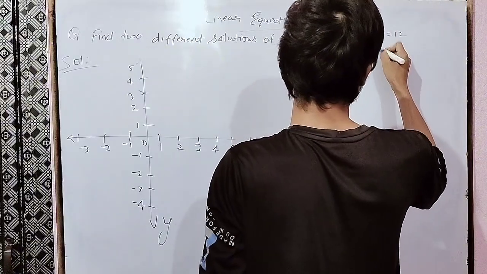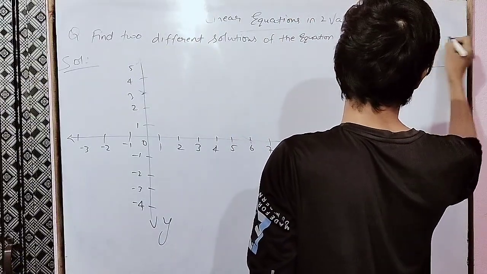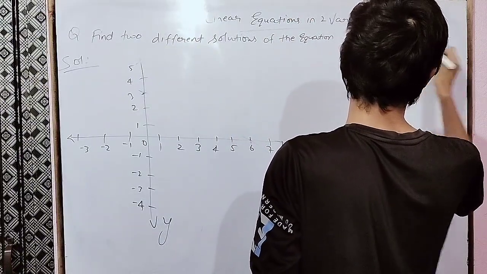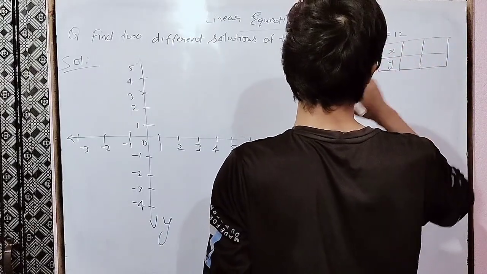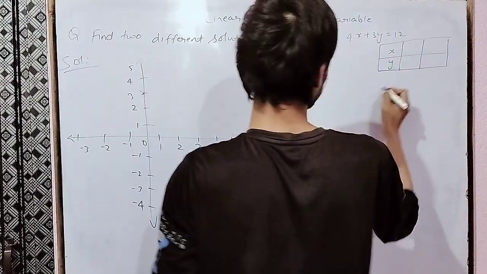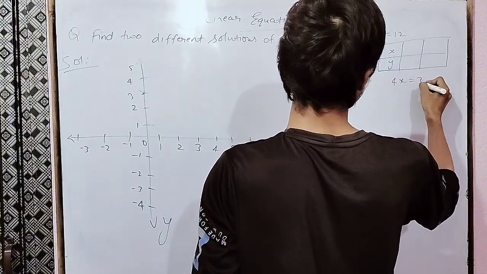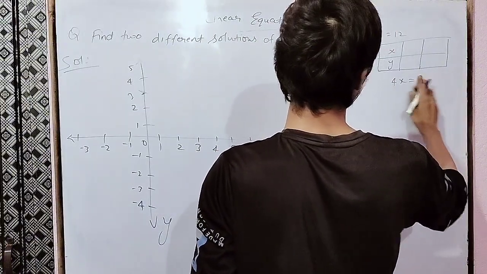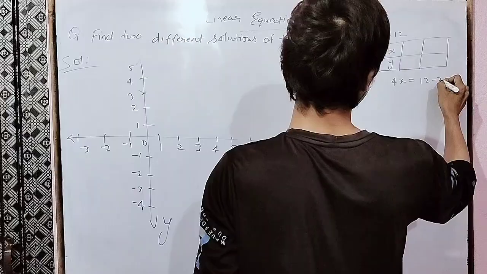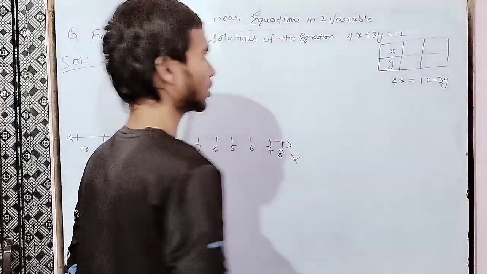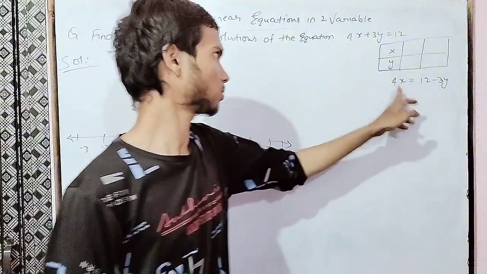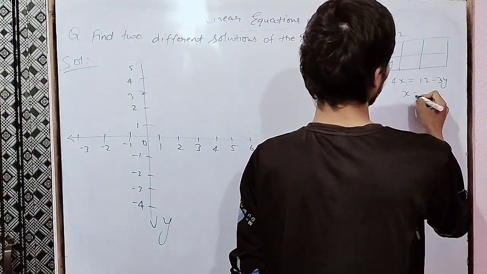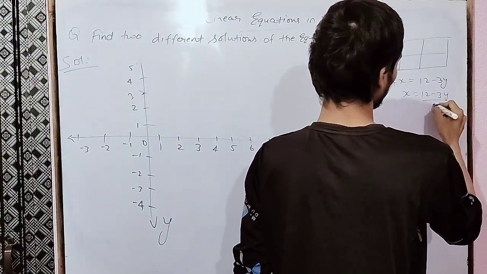Now we can create a box, x and y. Okay. Now here, 4x plus 3y is 12, so 4x is 12 minus 3y. We are putting a single variable on one side, which is x. x is 12 minus 3y upon 4.